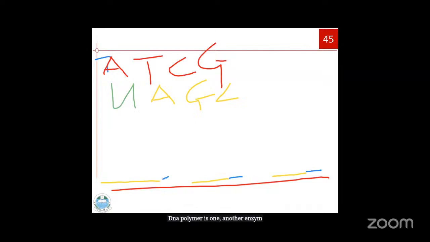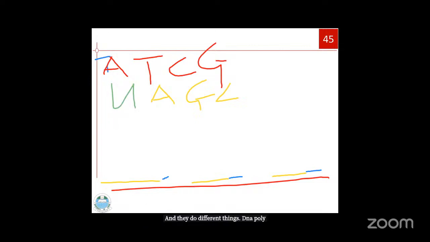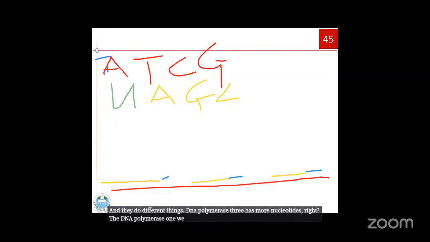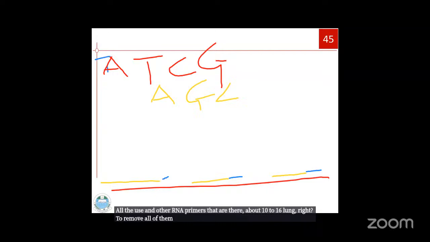We actually have DNA polymerase 1, polymerase 2, and polymerase 3, and they do different things. DNA polymerase 3 adds more nucleotides, right? But DNA polymerase 1 will come and do two things. One, it removes the RNA primers, all the U's and other RNA primers that are there, about 10 to 16 long, right? It will remove all of them and replace them with the correct DNA nucleotide.